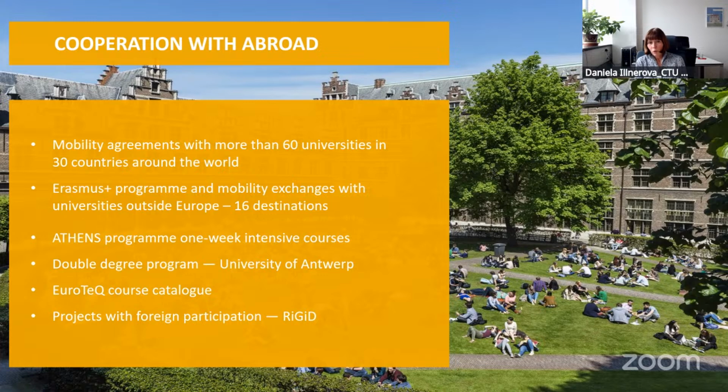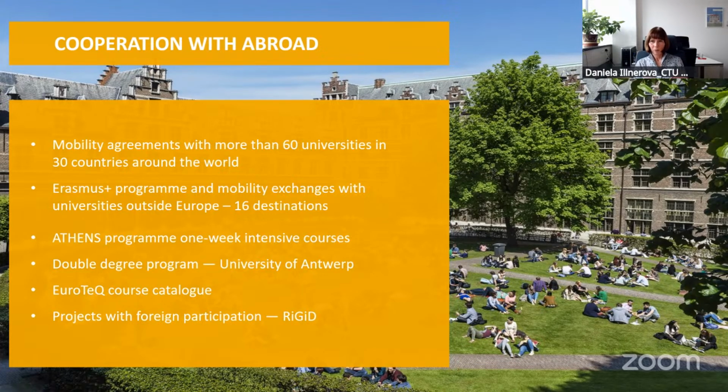For those who wouldn't dare or like to go for the whole semester abroad, we offer the program called Athens, which is a 1 week intensive course at any chosen university within the Athens network. I mentioned Eurotech already.